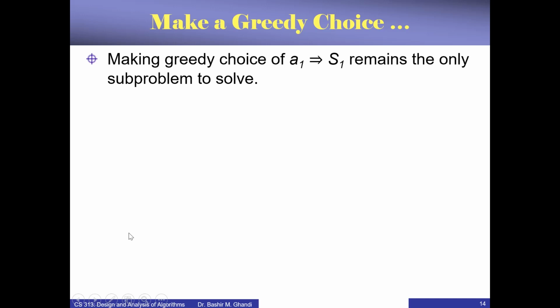So making the greedy choice of A1 implies that S1 remains the only subproblem to solve, based on our notation. Remember, S1 will be the set of all activities that start after A1 finishes, which means after F1.